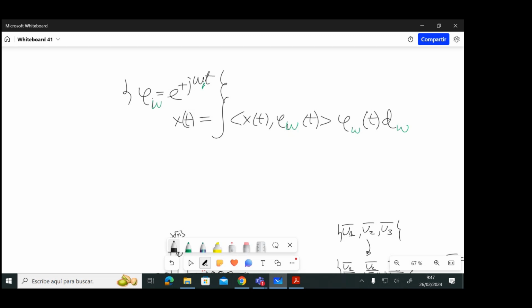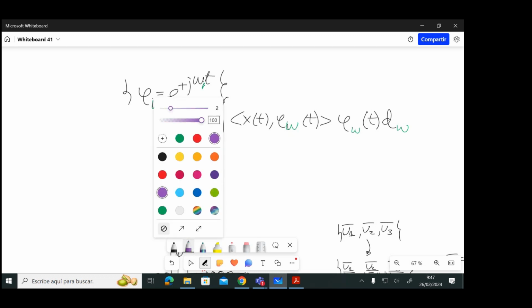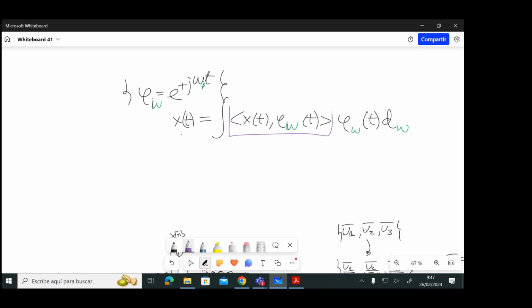So my signal I project onto each one of the elements of the basis, and then I use those elements. This thing here is the Fourier transform.